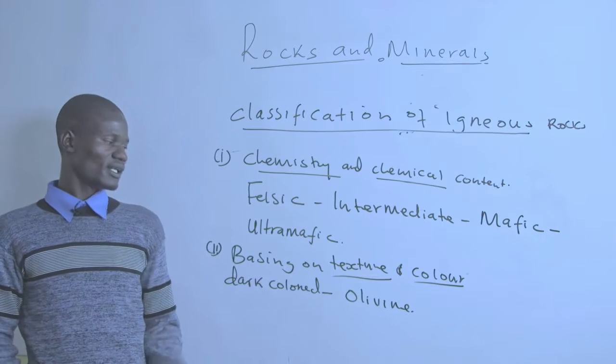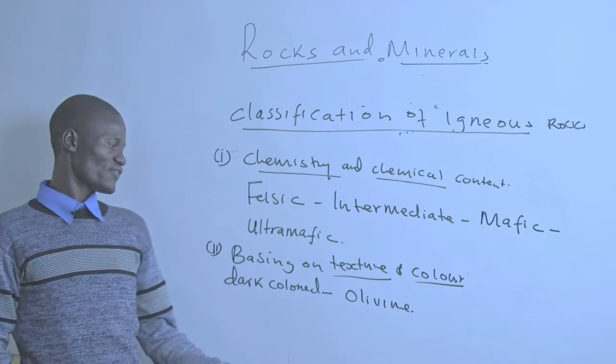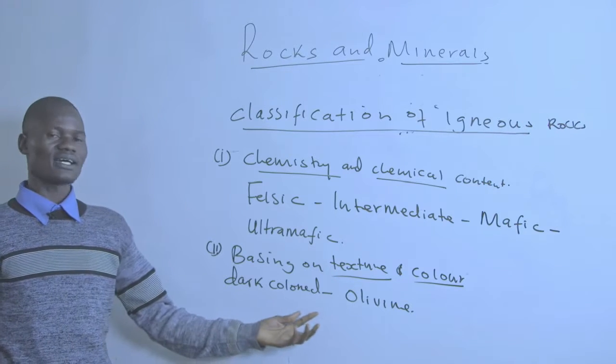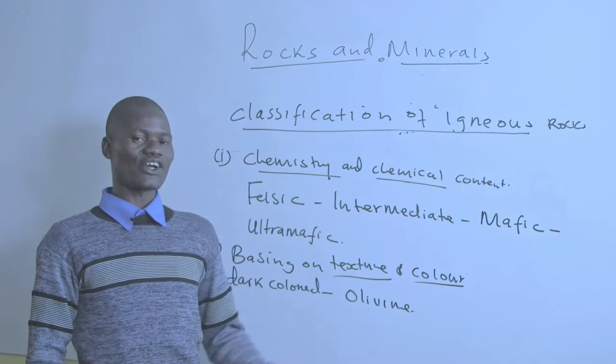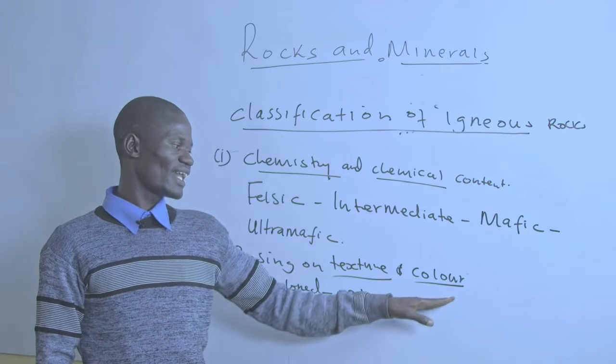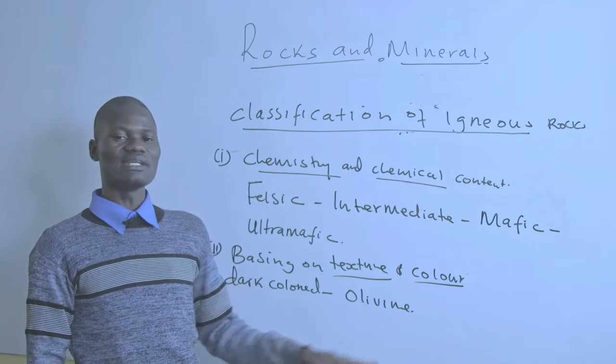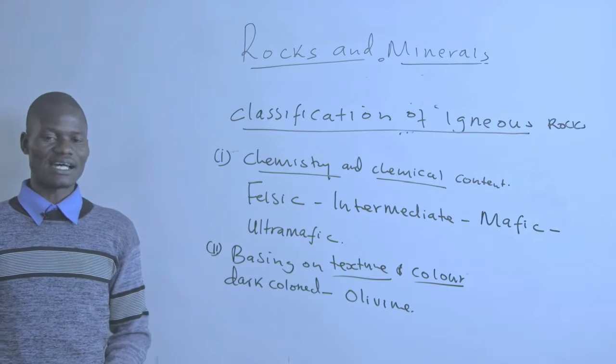Olivine is a mineral found in dark colored rock, and it gives the rock its characteristic color; olivine is green in color.